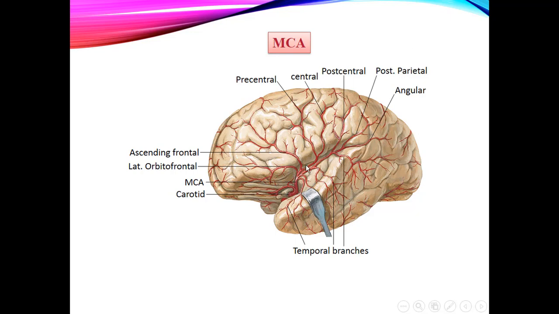This artery also, in the left hemisphere or dominant hemisphere, supplies the speech areas.